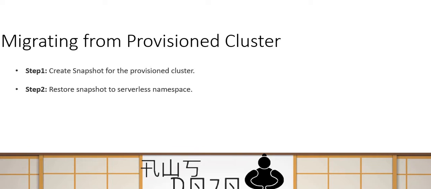And then from that snapshot, you can launch a serverless namespace. Very simple. All you need to do is take a snapshot and then launch a data warehouse from that snapshot using a serverless namespace. A two-step process, similar to how you would migrate a Redshift cluster from one to another, right?